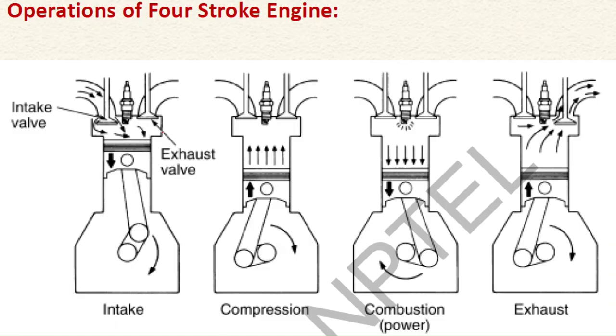Okay, coming on to the operations of four-stroke engines. The first is the intake. From here, the fuel air mixture will be introduced. When it is introduced through this intake, the exhaust valve will be closed. And further, after that, the mixture will be compressed, and it will trigger the spark plug for ignition, and the fuel will be combusted in this section.